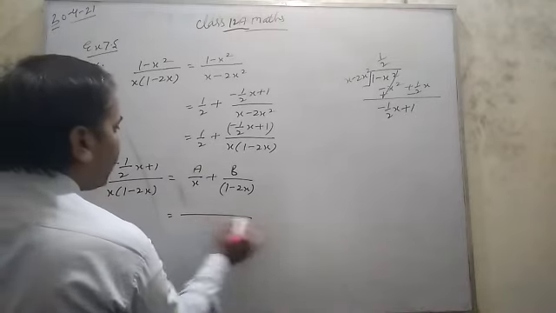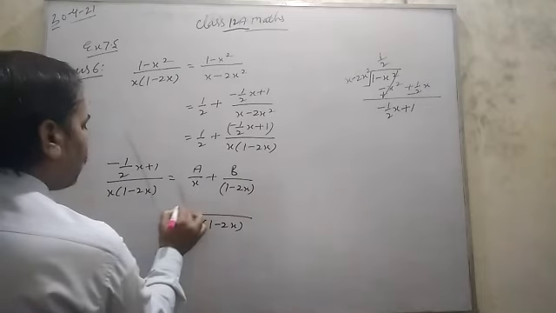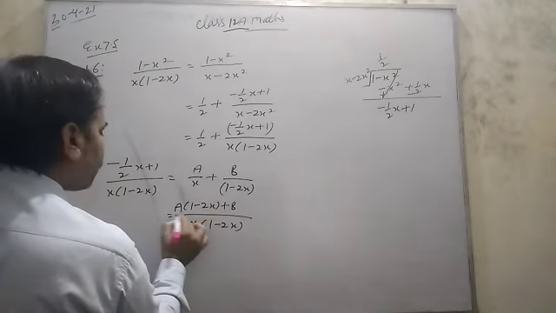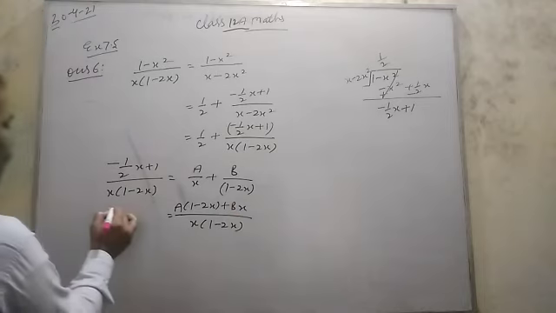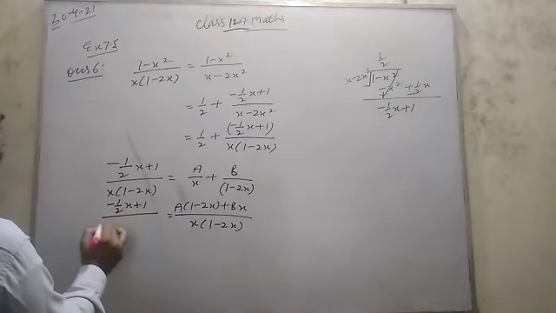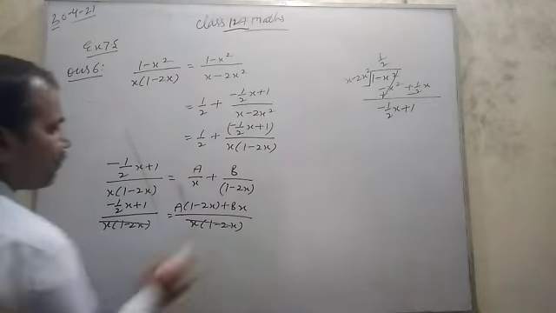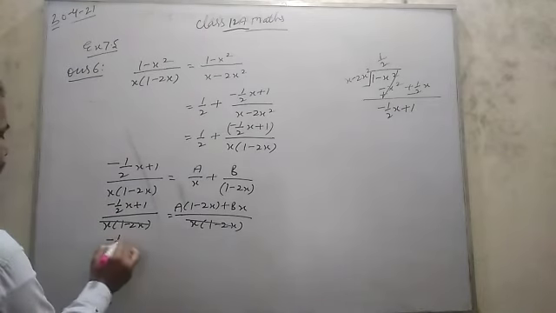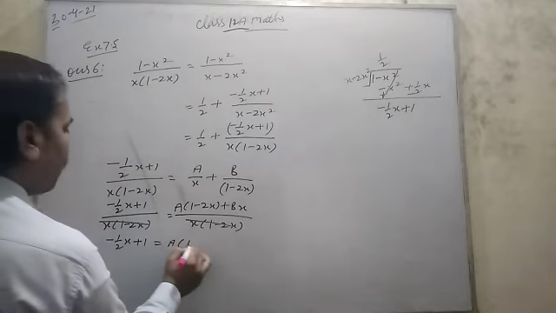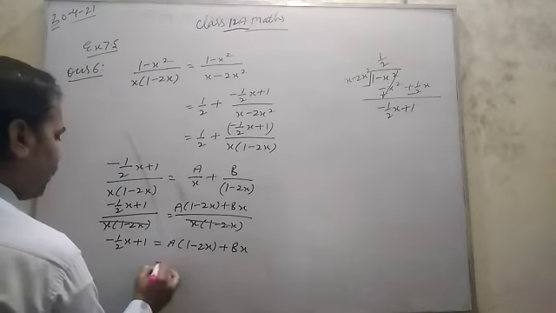So to find a and b, take LCM. Divide by x: a(1 minus 2x) plus bx, and here minus 1 by 2 x plus 1 upon this, cut both sides. So minus 1 by 2 x plus 1 is equal to a(1 minus 2x) plus bx.